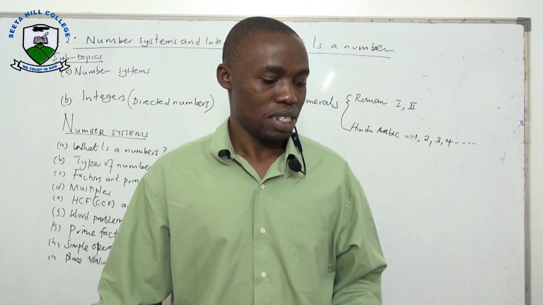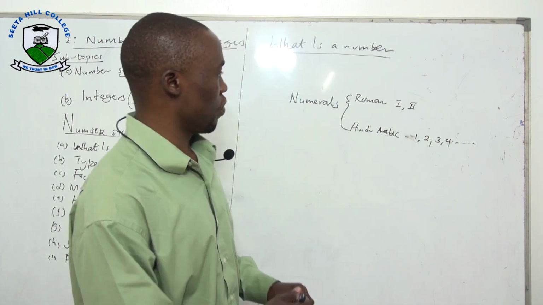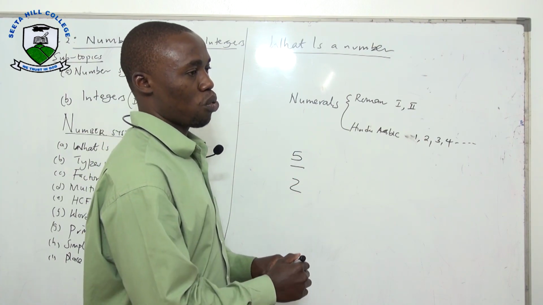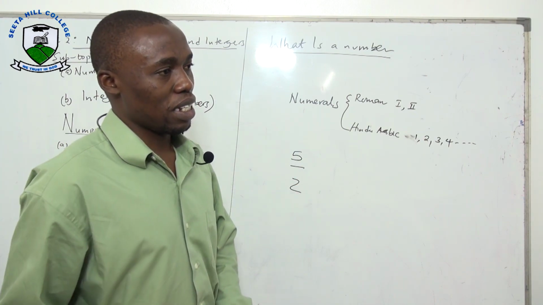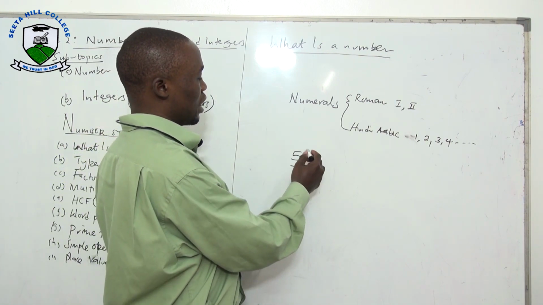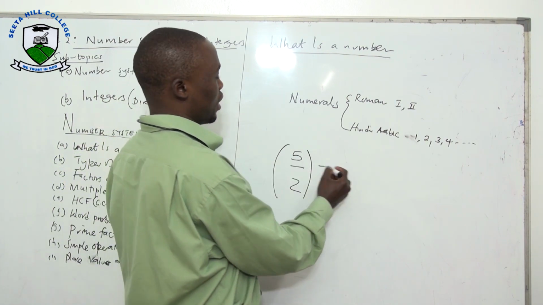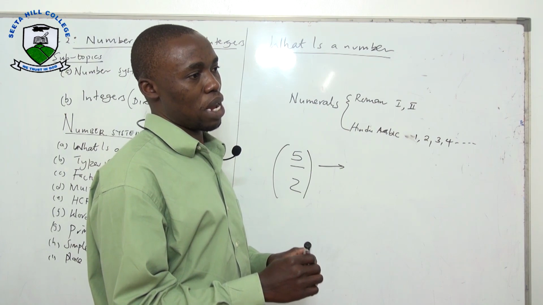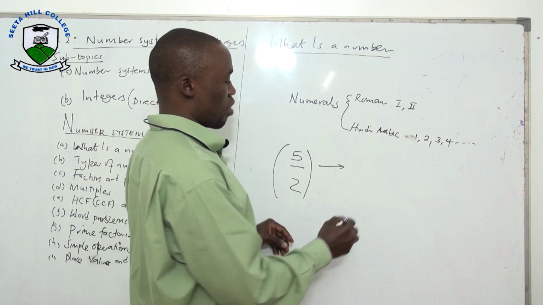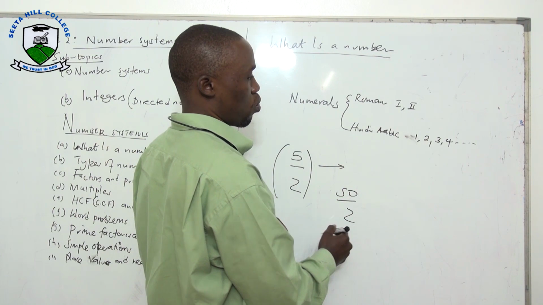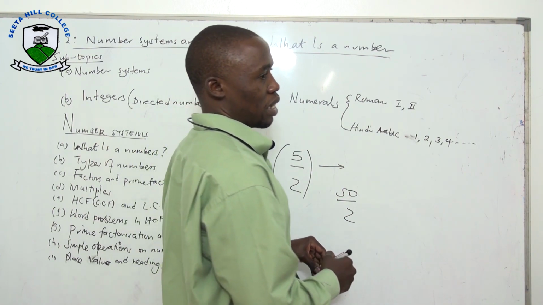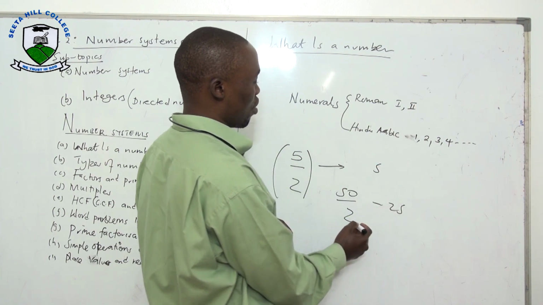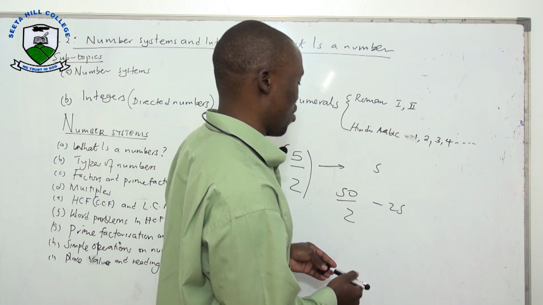Like we shall see ahead, whenever they are dividing a number by 2, they could code it as multiplying by 5. Like 50 over 2 gives you 25, but to divide by 2 is to multiply by 5.